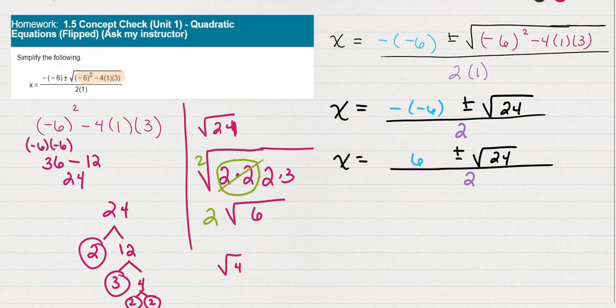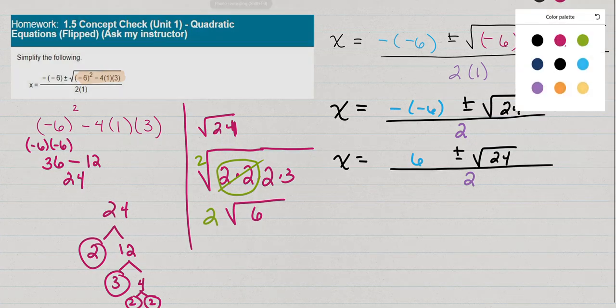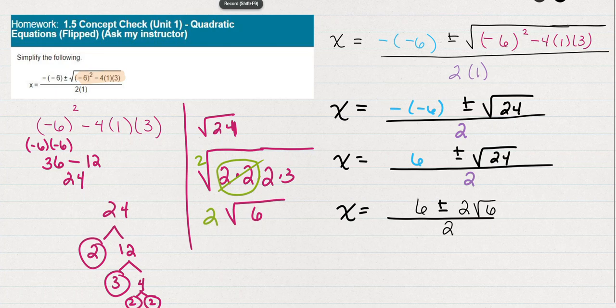So let's take that over to our expression. And we have a 6 plus or minus 2 square root of 6 all over 2. Now here's where I'm never sure from one student to the next what is going to make the most sense, because I'll tell you what we're going to do. We're going to reduce the 6 and the 2 by this 2.